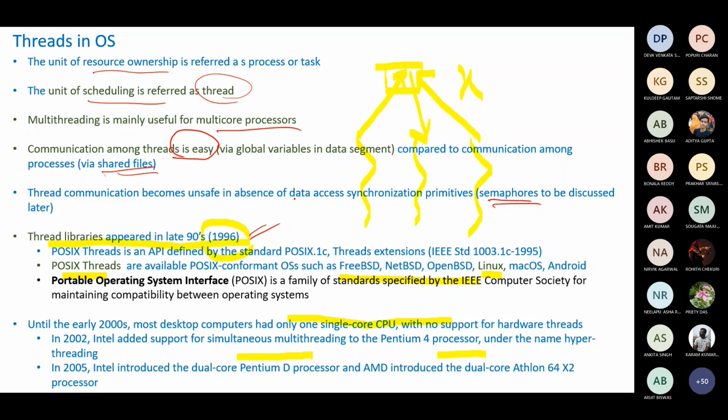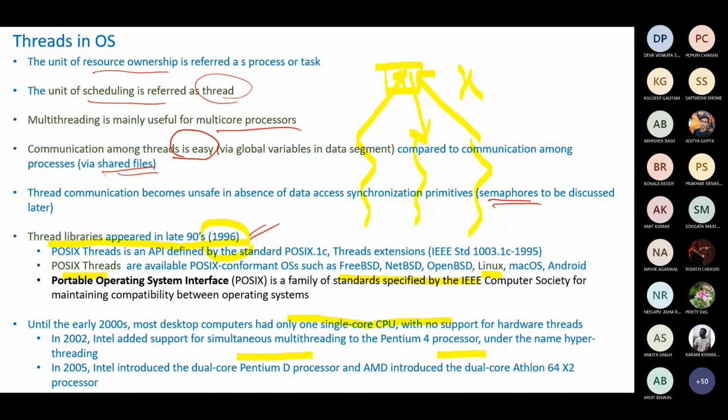So there are so many implementations of the Unix philosophy. So something needs to be standardized so that if I write code in Linux and run it in some other implementation of Unix, it should run. I should not bother about it; anything that is Unix-like, my program should run.